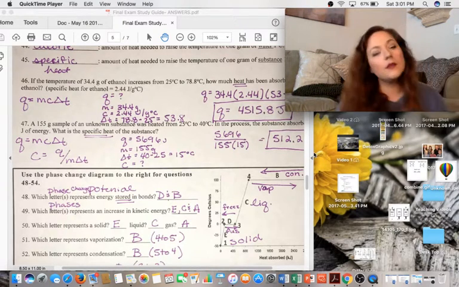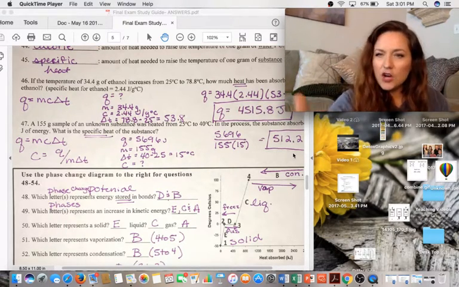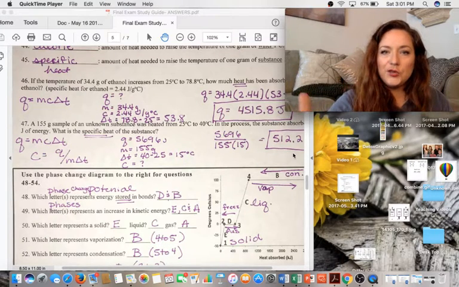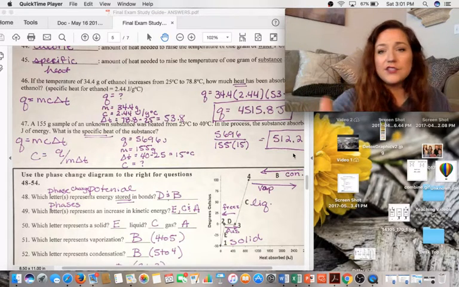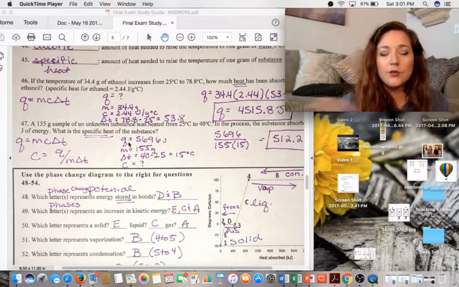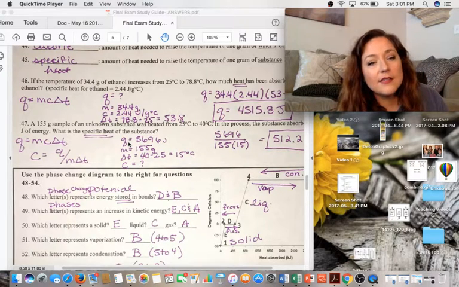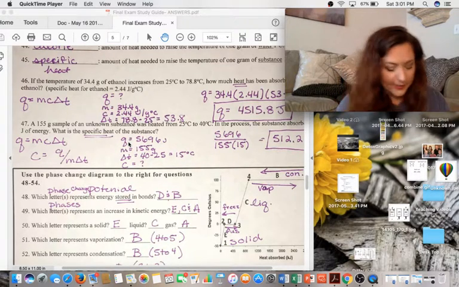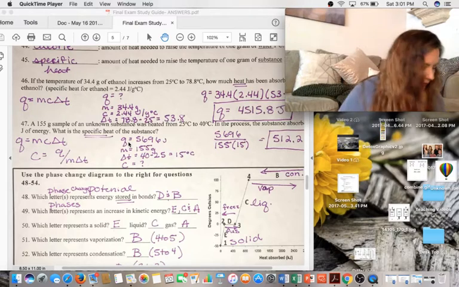All right. So again, we start with the formula of Q equals MC delta T, but we're trying to find just specific heat, which is C. So that's going to form into C equals Q divided by M delta T. So Q started off with 5,696. Then, where'd my marker go?